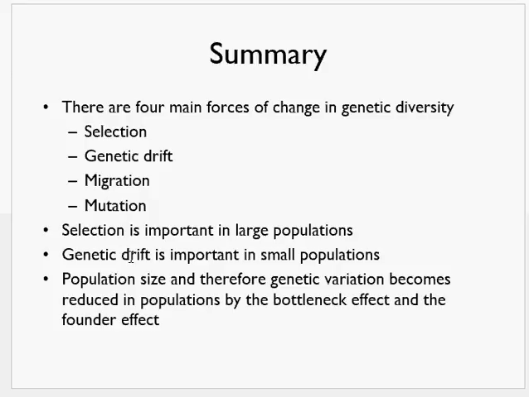So genetic drift is important in small populations, and small populations can come about through either a bottleneck or a founder effect. Population size, and therefore genetic variation, because the larger the population size, the more the genetic variation, becomes reduced in populations by the bottleneck effect or the founder effect.